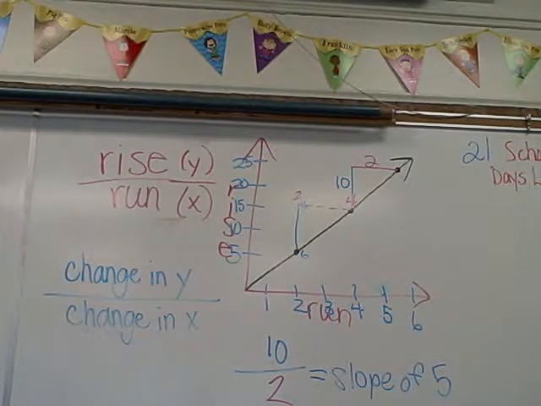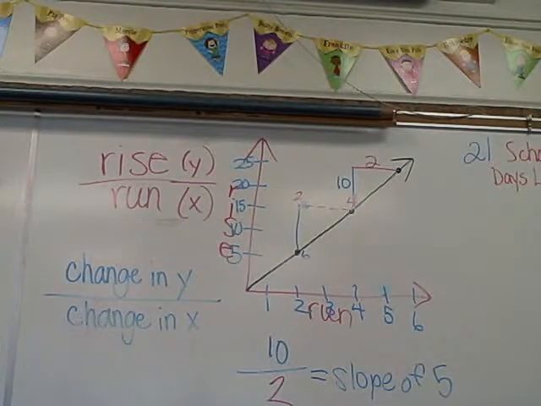Do you see how they've calculated a rise and a run? What was their rise? They went from 15 to 25. So their rise was 10. And what did they do for their run?